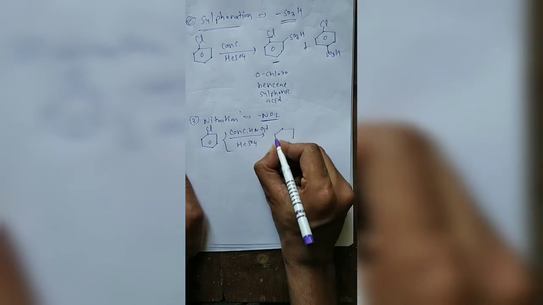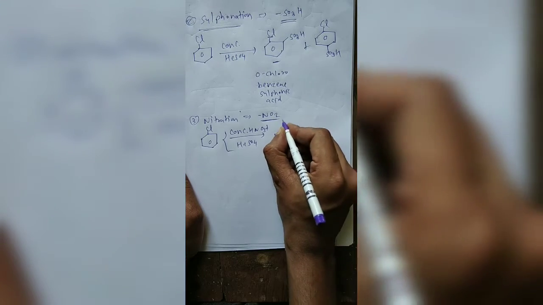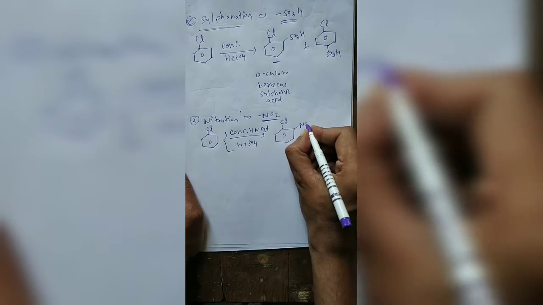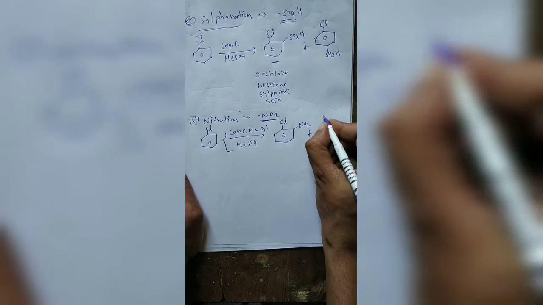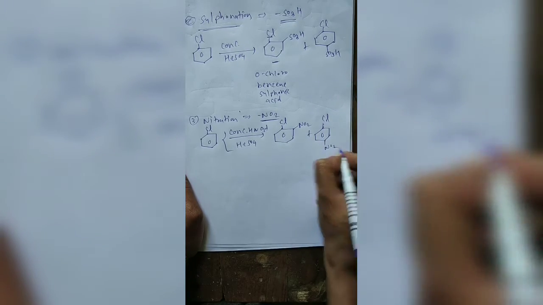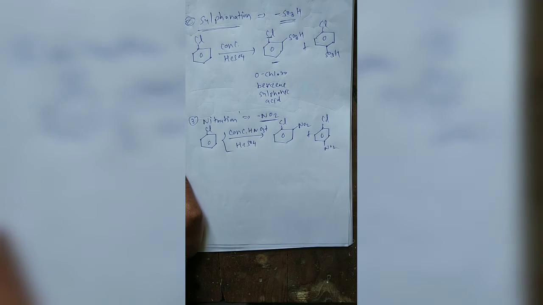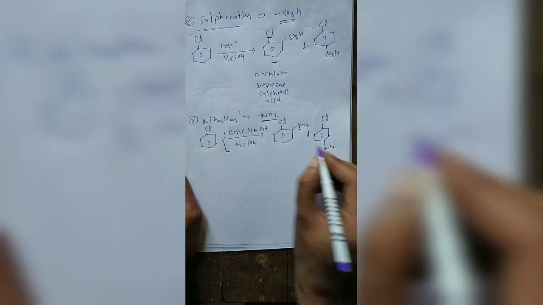So, the nitro group will enter on the ortho position as well as on the para position. This one is ortho nitrochlorobenzene. This one is para-nitrochlorobenzene.